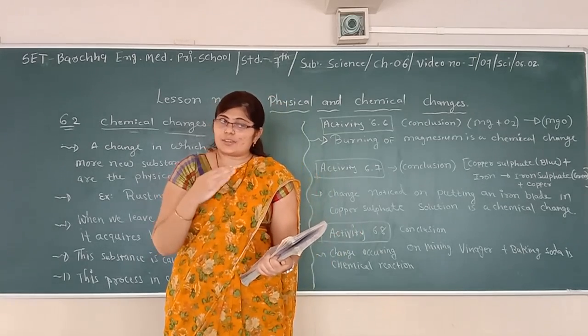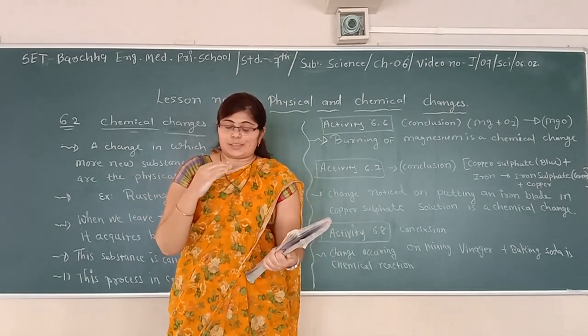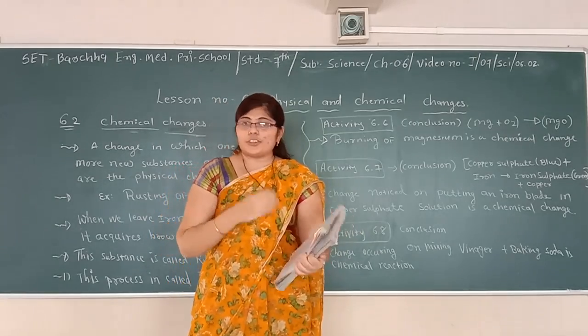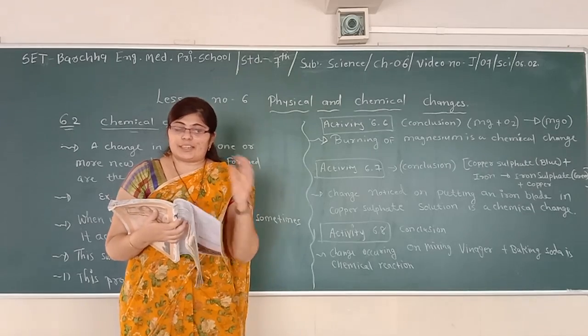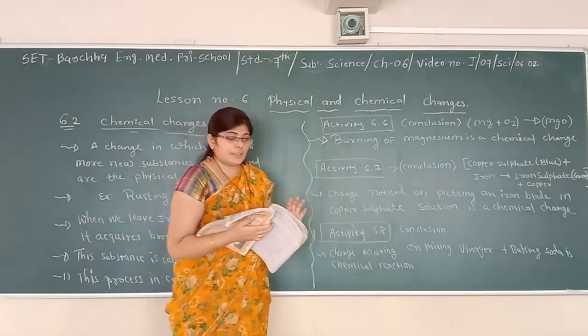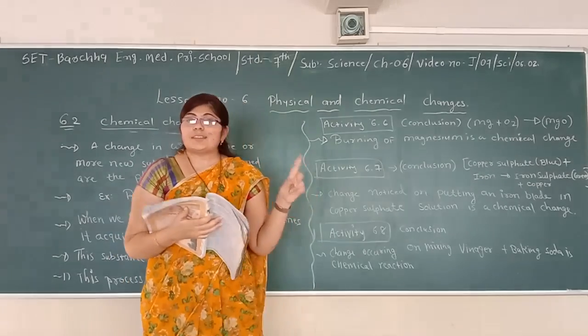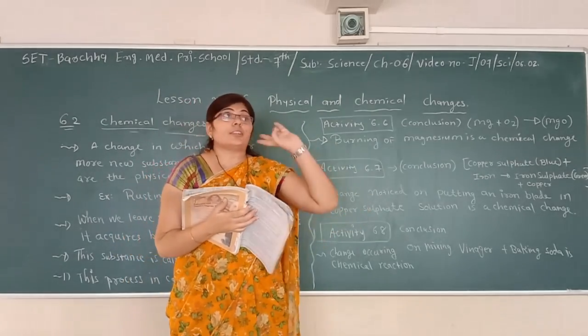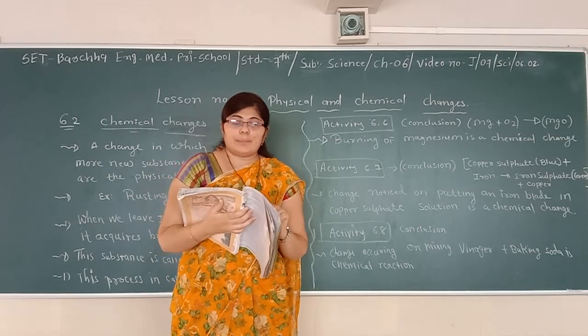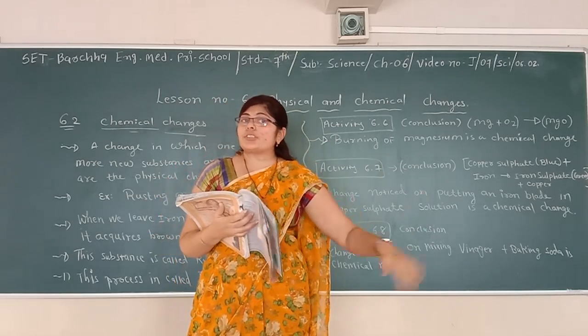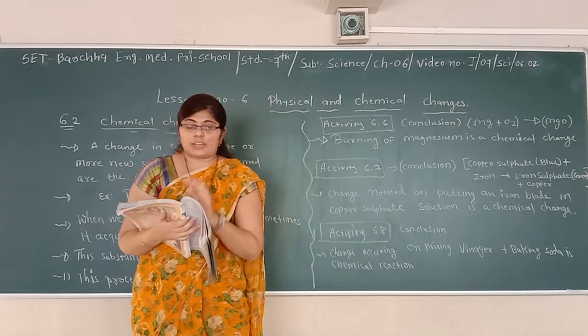Is that ash of magnesium? Of course, no. The change can be represented by the equation. Mg, magnesium, plus oxygen that is available in the atmosphere, the arrow means becomes, magnesium oxide. That is the new substance, magnesium oxide.